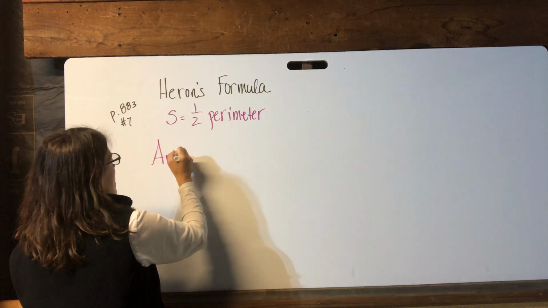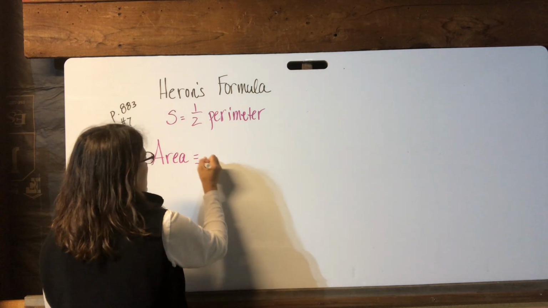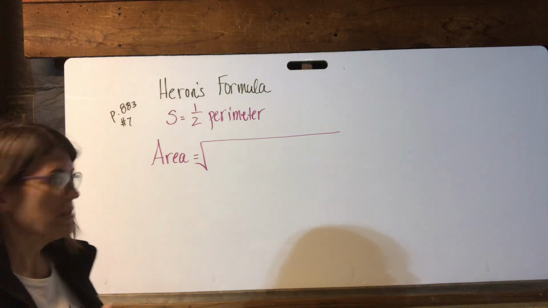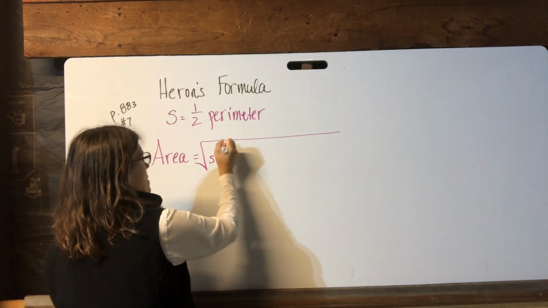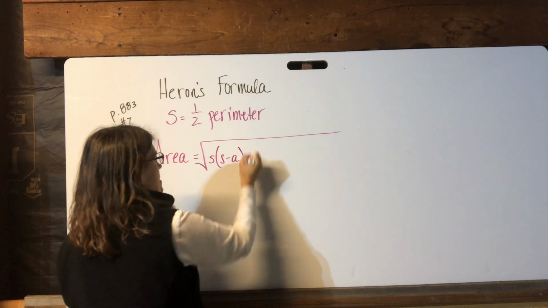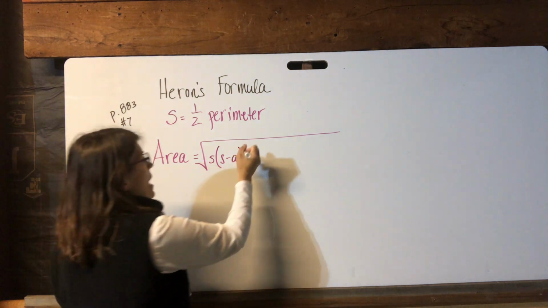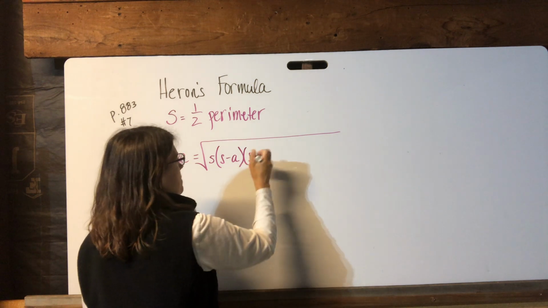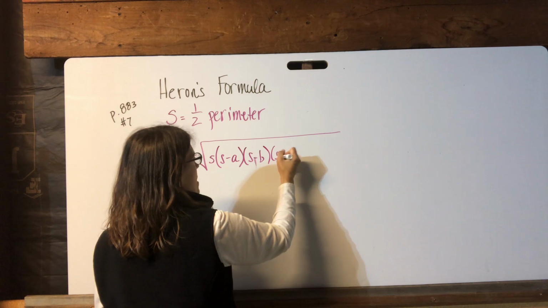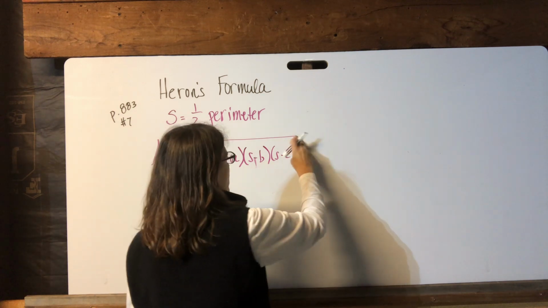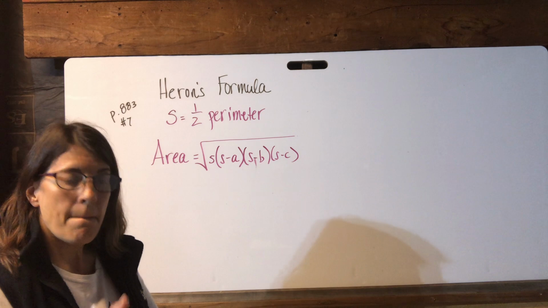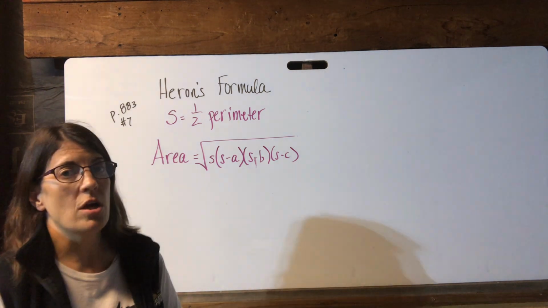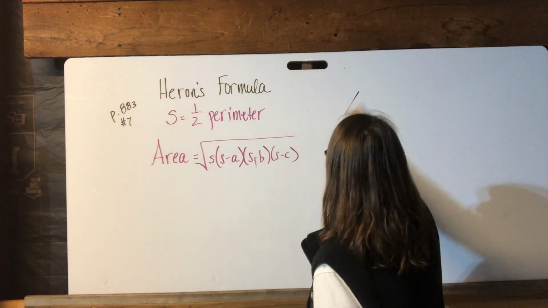The area of a triangle is equal to, it looks really long and complex, I promise you it's not, the square root of S times the quantity S minus A, where A represents side A, S minus B, which represents side B, and S minus C, which represents side C. Literally, this is just a plug and chug.